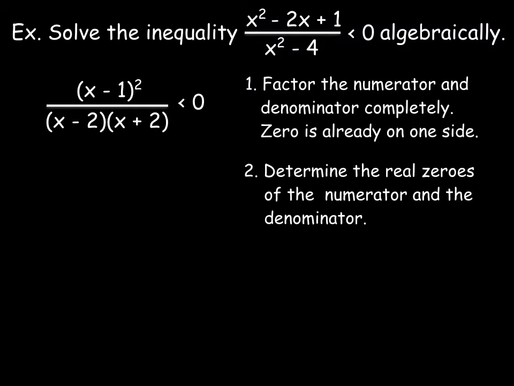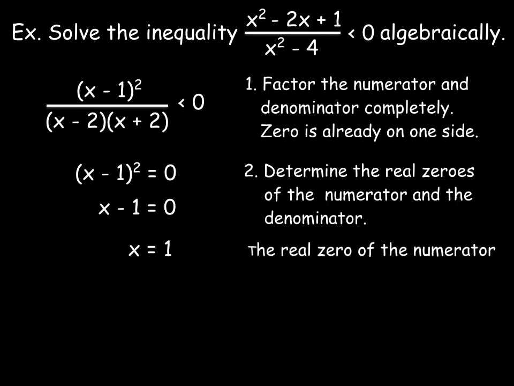Setting the numerator equal to 0, we have (x minus 1) all squared equal to 0. Take the square root of both sides of that equation. We find that x minus 1 is equal to 0. Adding 1 to both sides, we solve for x and find x is equal to 1, the real zero of the numerator.